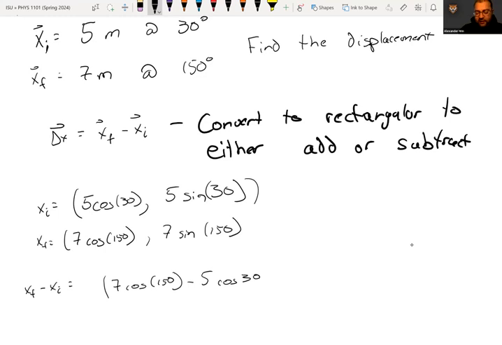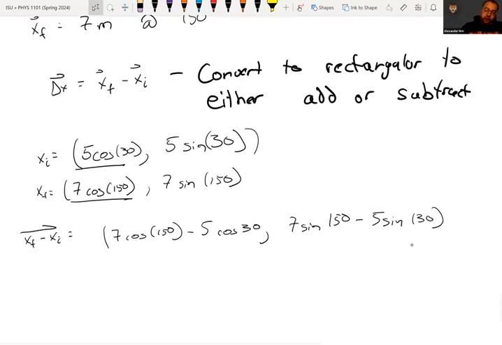And how I'm getting that is I'm taking this component and I'm subtracting the component of the x initial. So that would be the vector there. And then for the y component, it will be 7 sine 150 minus 5 sine 30. Okay. So that is what is going on there.